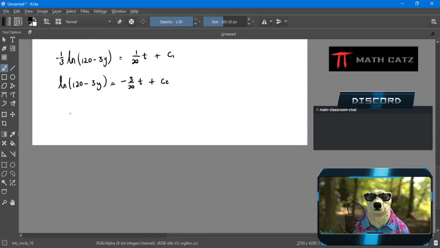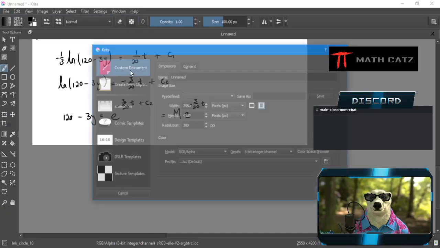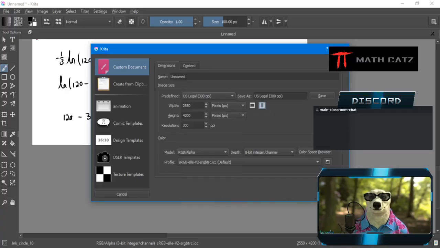Not right now. Then I'll do one more line. 120 minus 3y equals e to the -3 over 20 t plus c2. And again, we're going to have a more convenient integration constant, as we have done many times before.